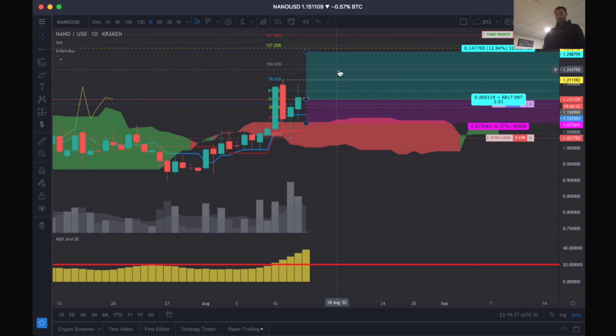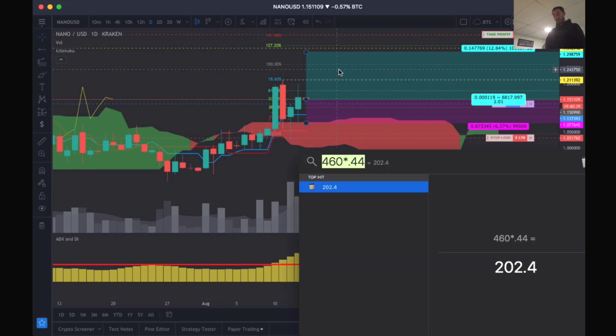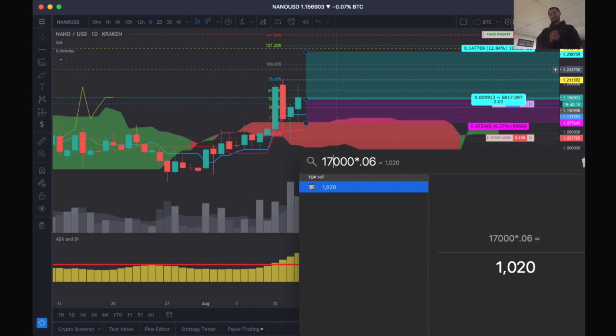Now, if I were to lose, let's say, $1,000, then I would have to put in $17,000 into this market in order to lose $1,000 and gain $2,000.